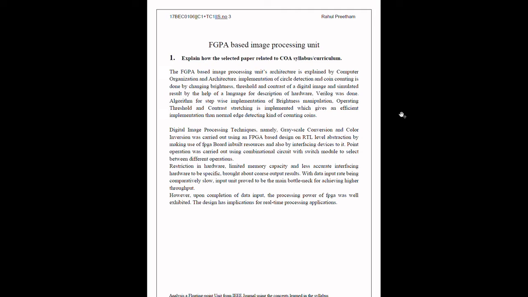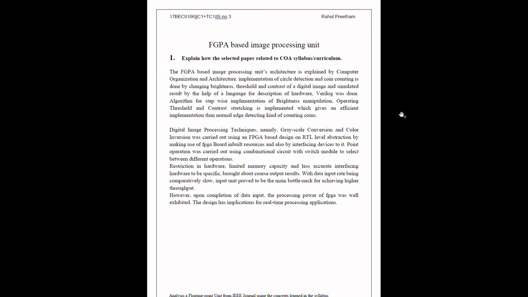Implementation of circle detection and point counting is done by changing brightness, threshold, and contrast of a digital image, and simulated with the help of the language for description of hardware, Verilog. Algorithms for stepwise implementation of brightness manipulation, operation threshold and contrast stretching were used in the image processing unit.